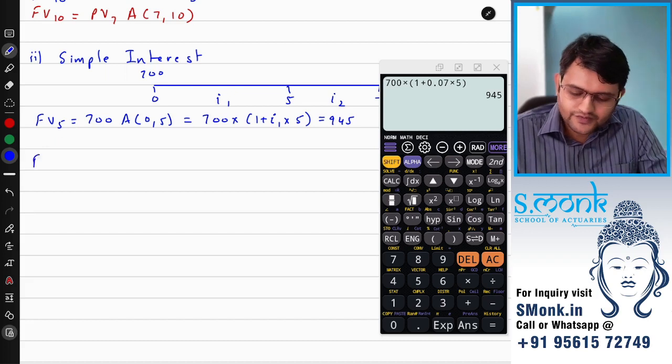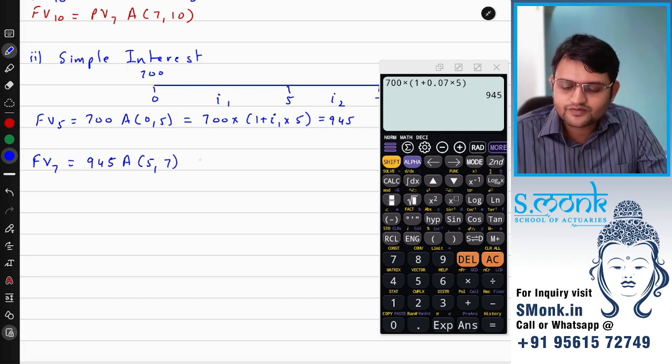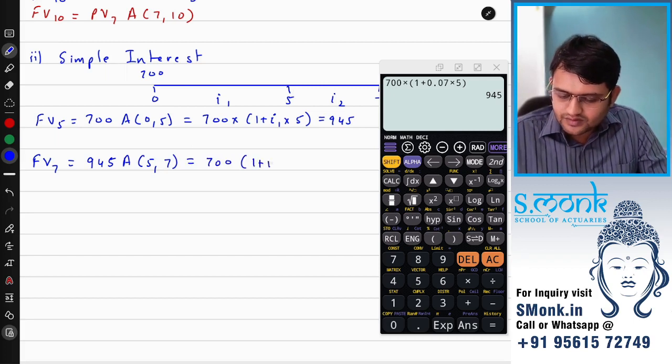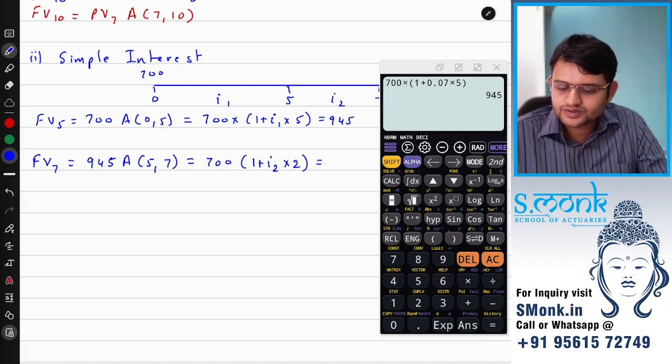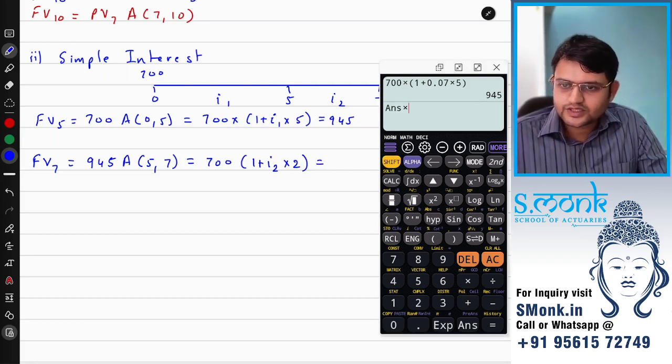So I want future value at time 7, 945 invested from time 5 to time 7. I2 into 2 years. I'll use 945 as answer.